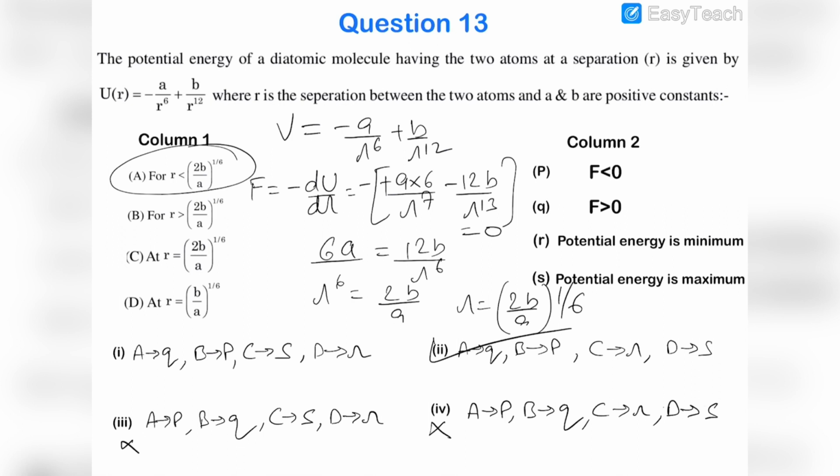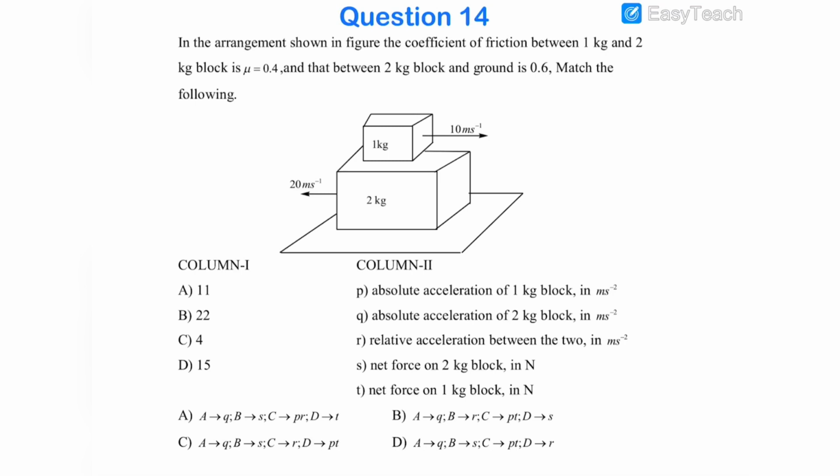Now we move on to the next question. In this question you can see that these two blocks are kept over each other, and the coefficient of friction between the 1 kg and 2 kg block is 0.4 and between the 2 kg block and the ground is 0.6.